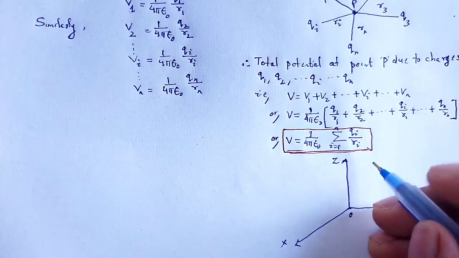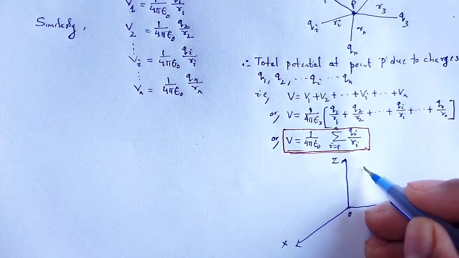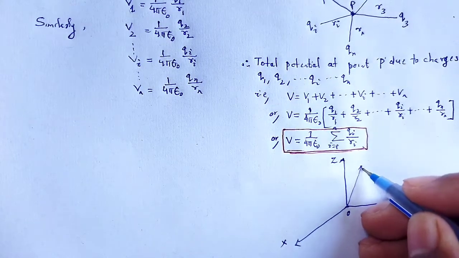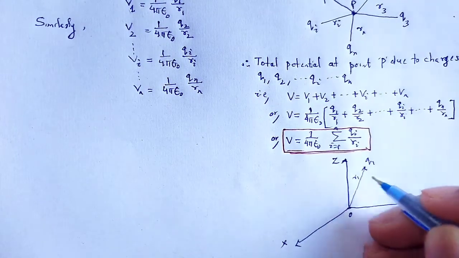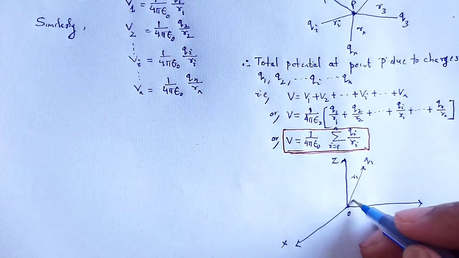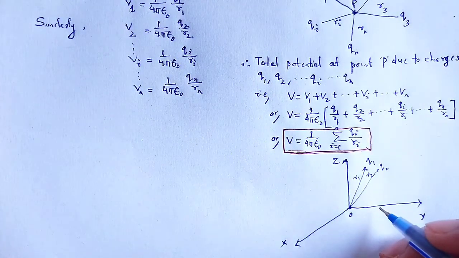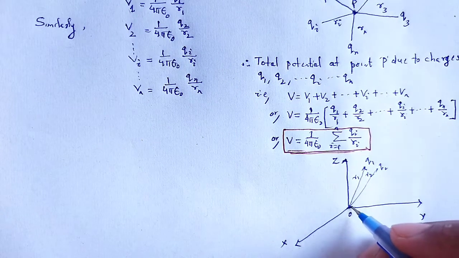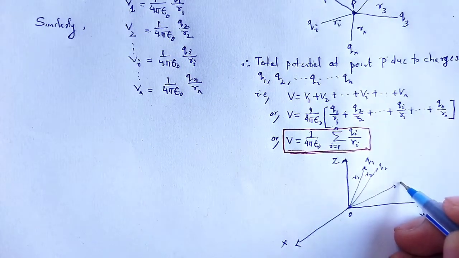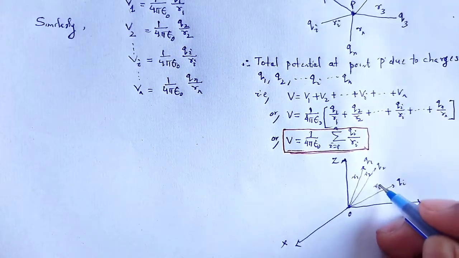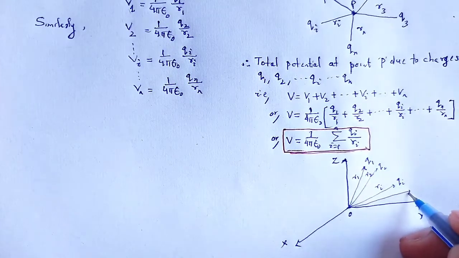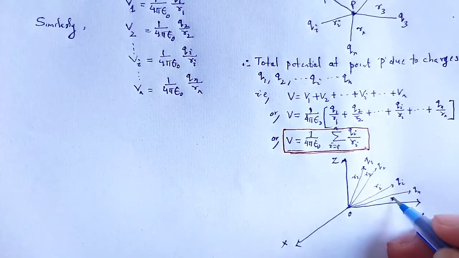The position vector of the charge q1 is r1, of charge q2 is r2, and likewise of charge qi is ri and of charge qn is rn.